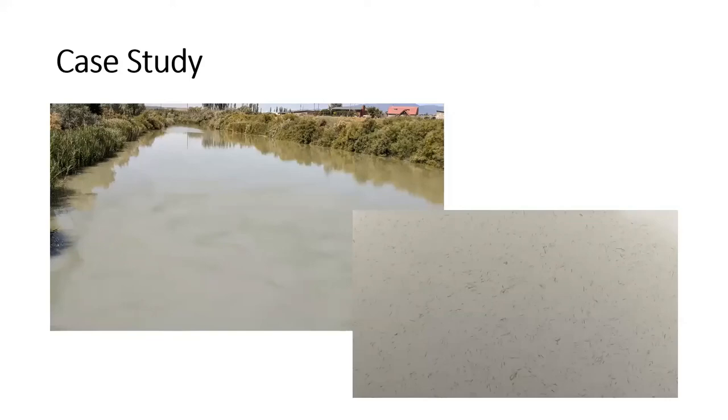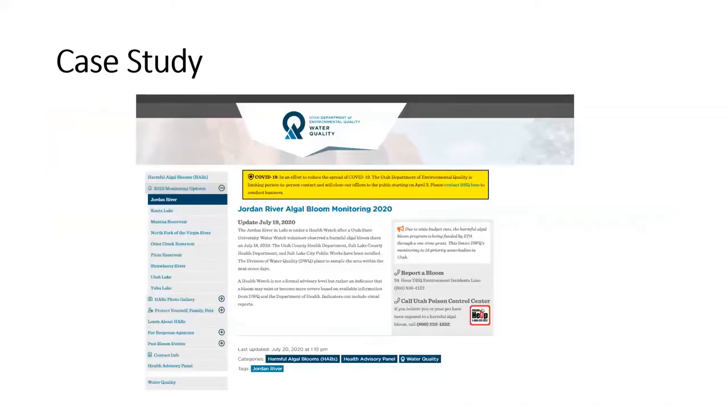And so with this volunteer and the Utah Division of Water Quality, we were all in communication, and the very next day, the Salt Lake County Health Department and the Utah County Health Department issued a health watch based off of those photos, and then there was monitoring that happened 6 days after that too. So it was very helpful.